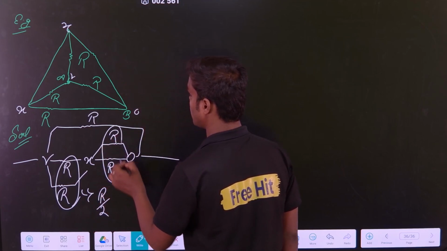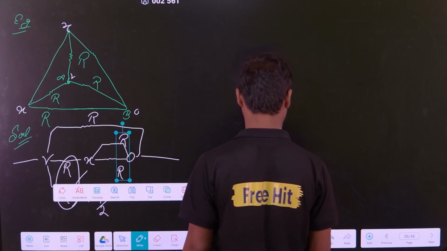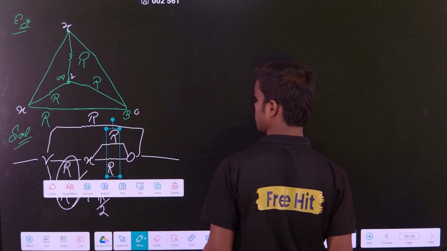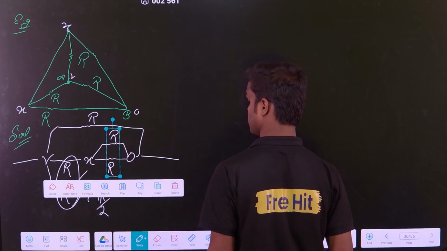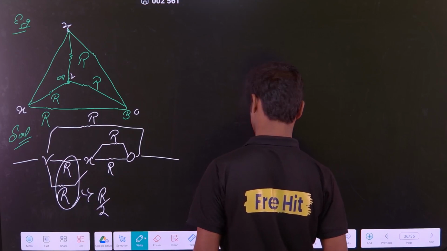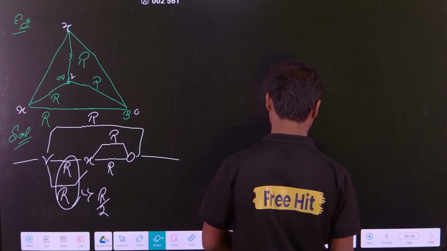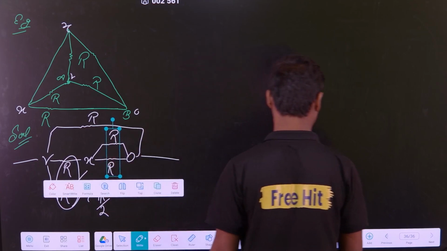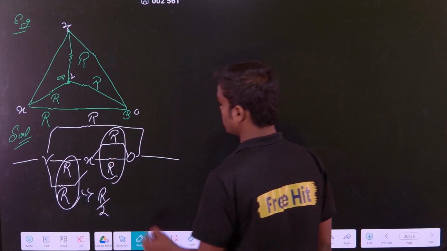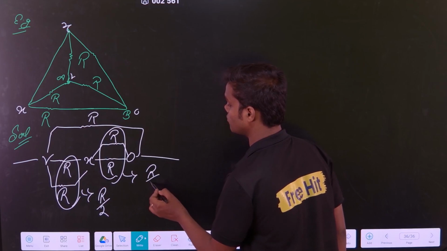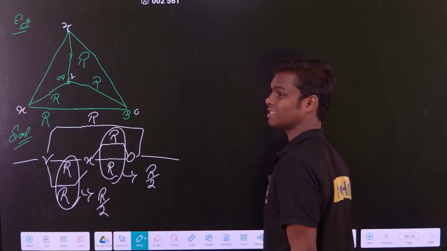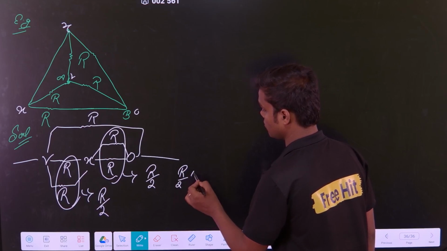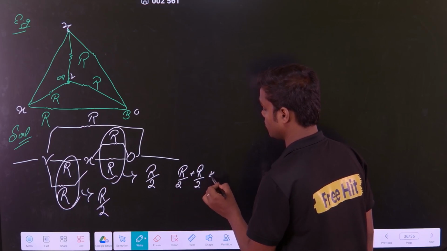These two will also become R by 2. Then R by 2 in series with R by 2 will become R.